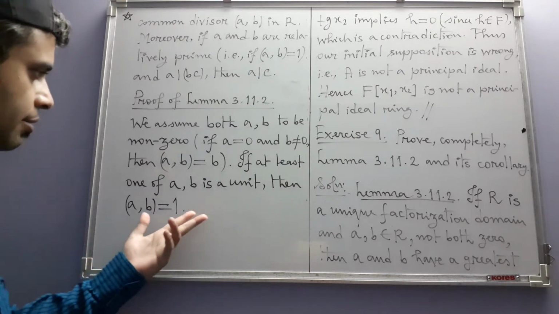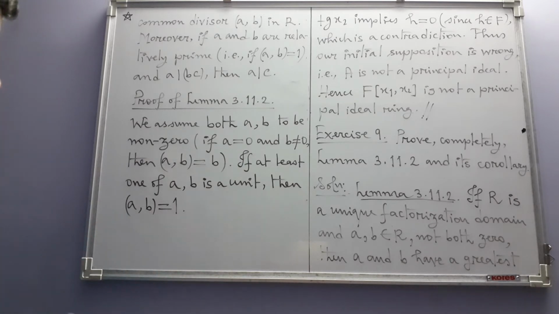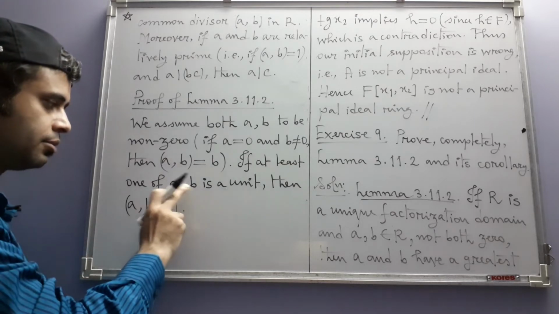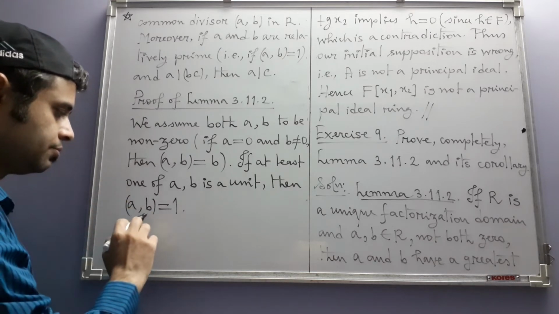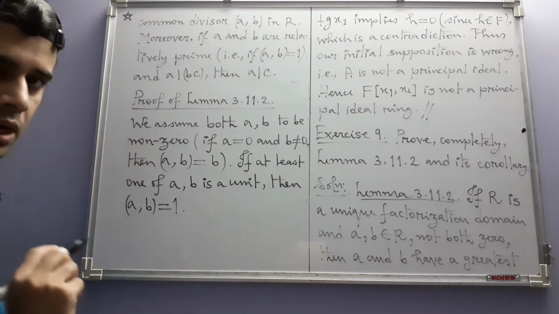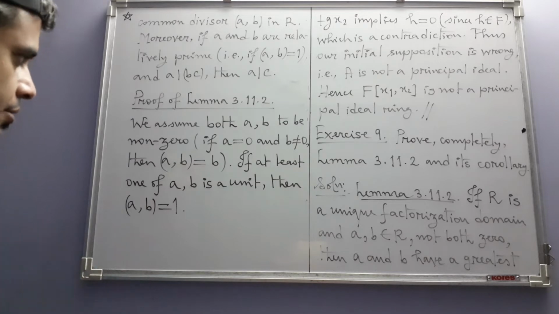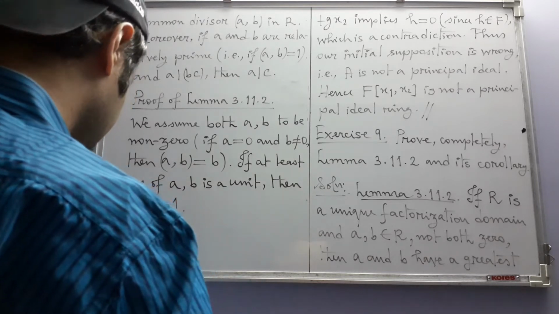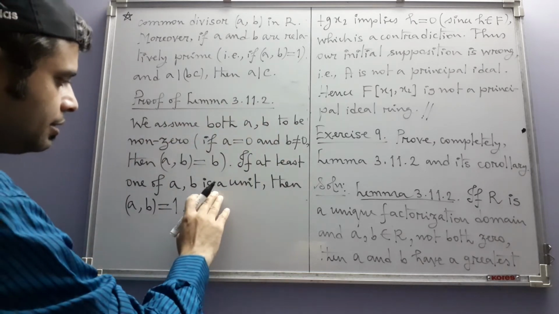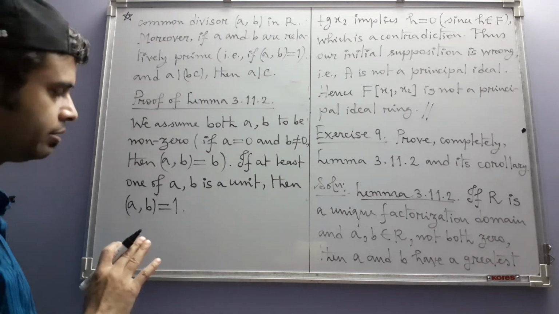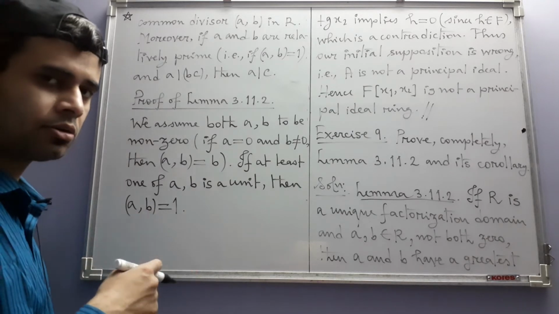You go back to the definition of GCD and try to figure this out yourself. When at least A is a unit, whether B is or is not a unit we don't know, you try to argue that the unit element 1 in the ring is a greatest common divisor of A and B. So I am just leaving it like this. So we have assumed that both A and B are non-zero, and in this case also the result is trivially true. Now we are further going to assume that A and B, apart from being non-zero, are also non-units.